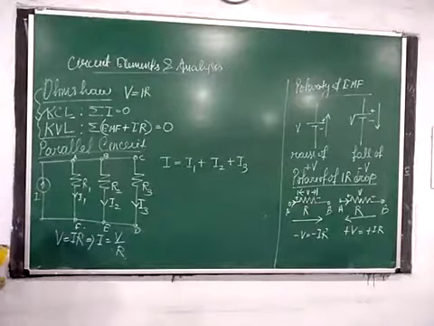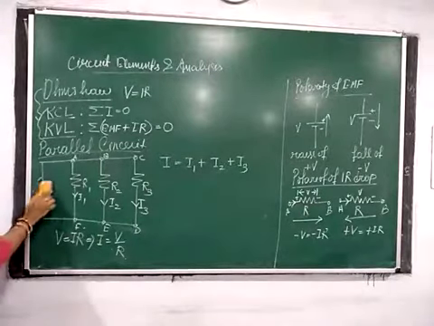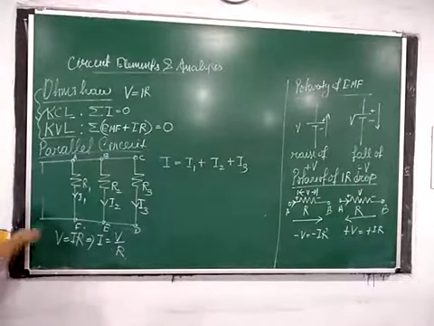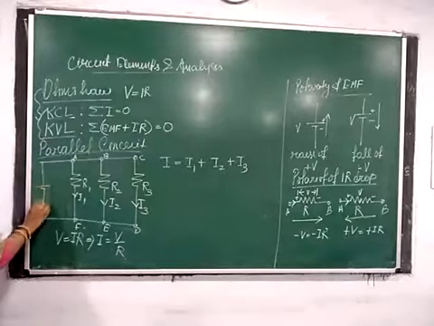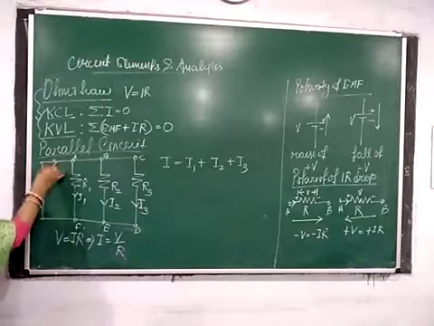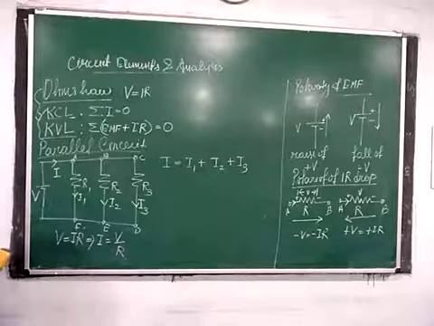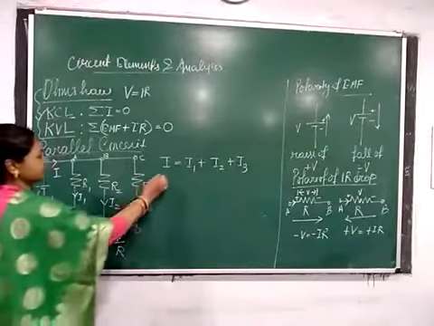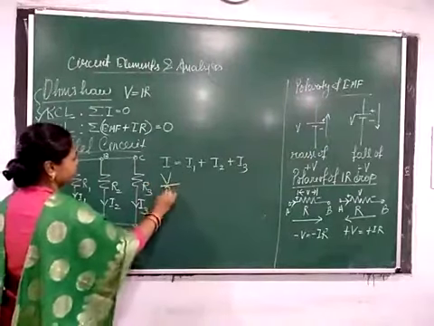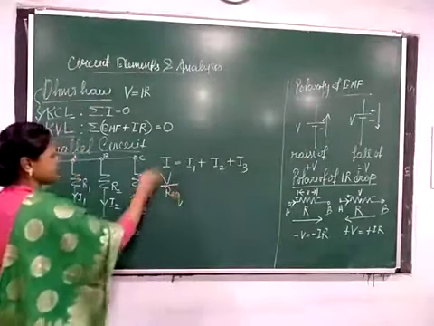Let in place of the current source, I take the voltage V here, with resulting current I. So this total voltage V by R equivalent is this current.